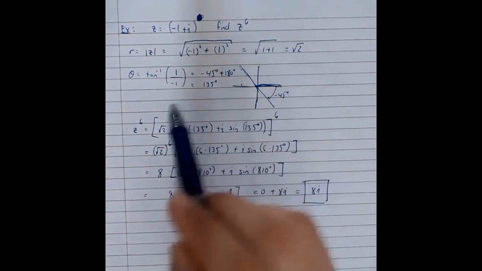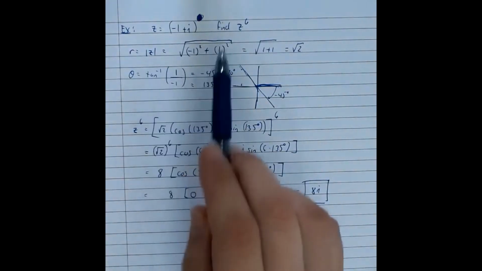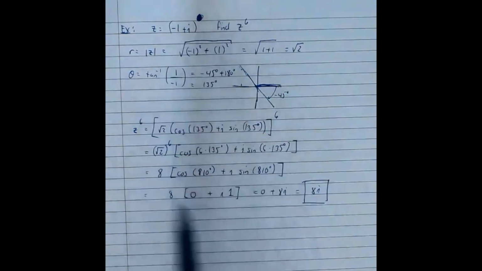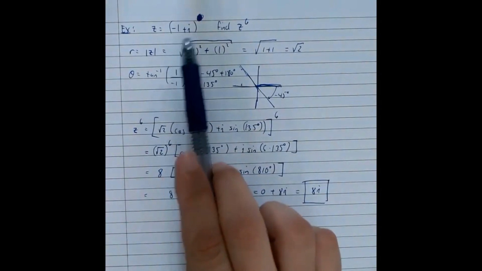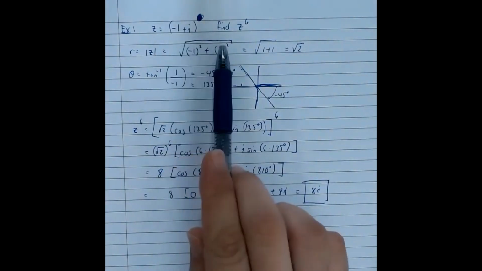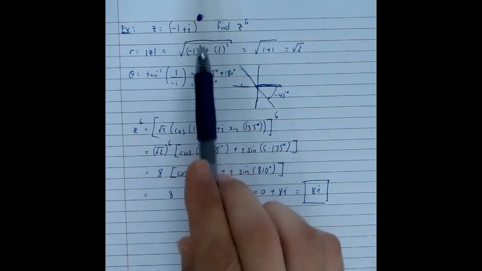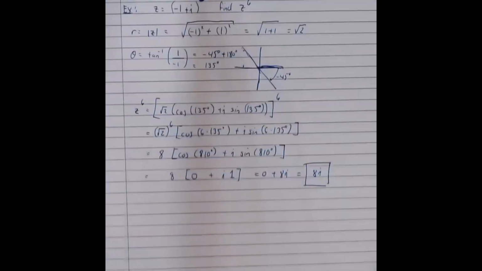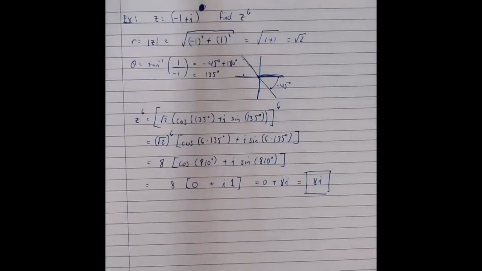Yeah, this takes a bit of work, especially here when we're converting this into polar form. But this is substantially simpler than actually taking negative 1 plus i times negative 1 plus i times negative 1 plus i, and so forth and so on. If you don't believe me, actually try that 6 times, and, well, it's not something I would recommend.